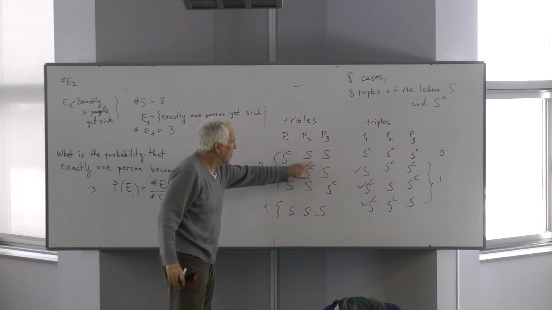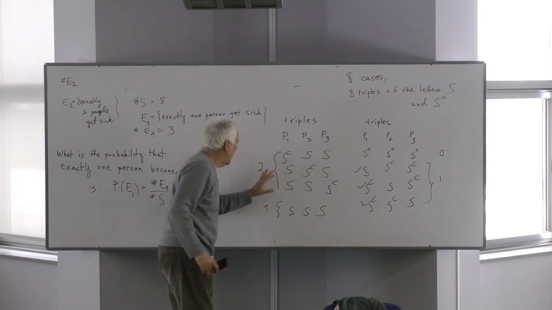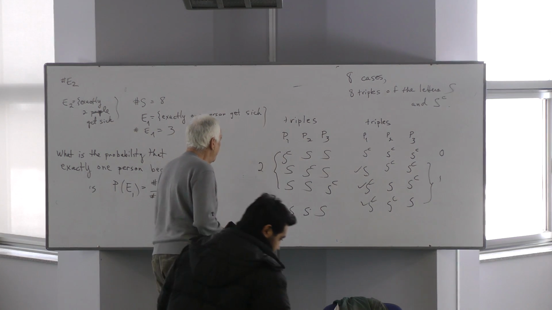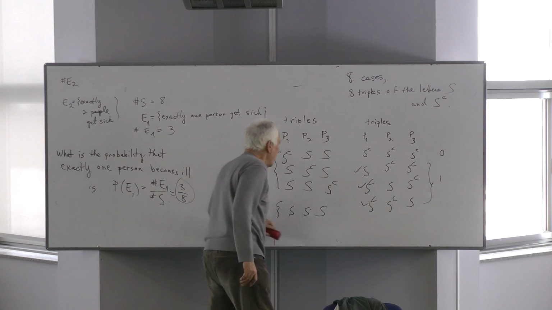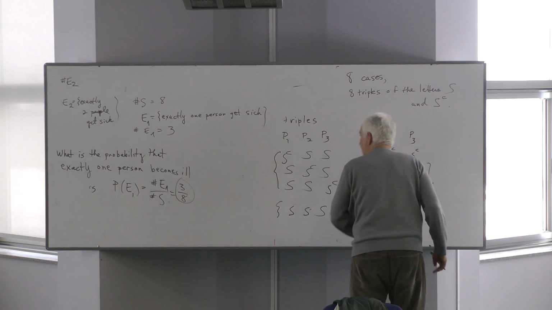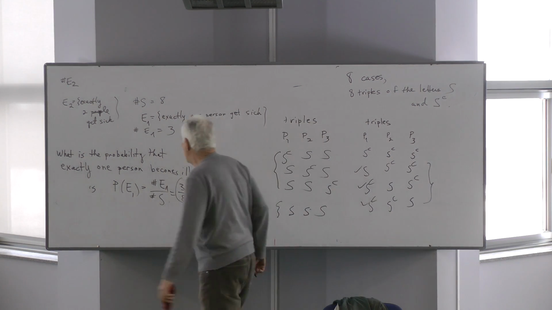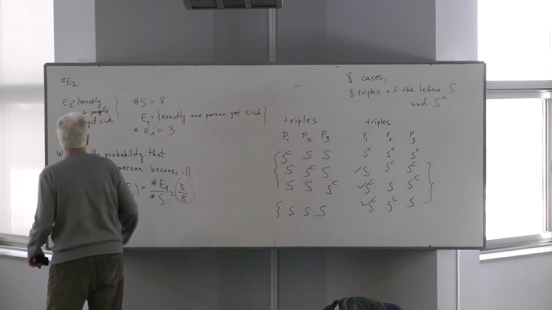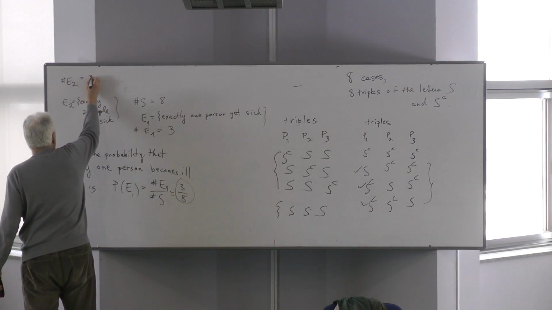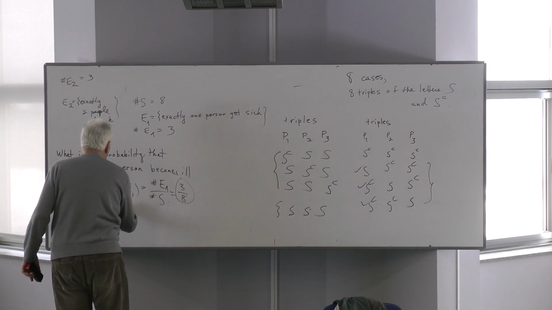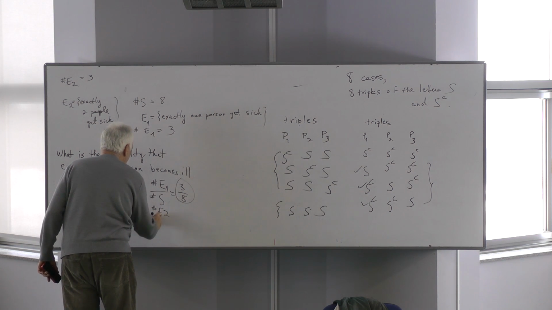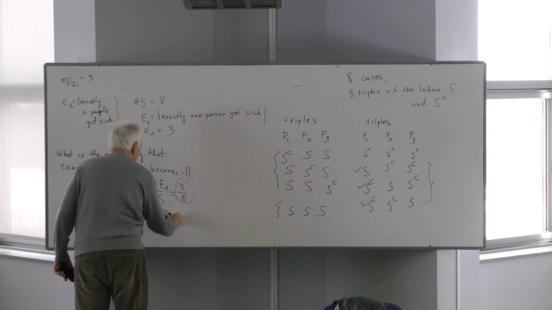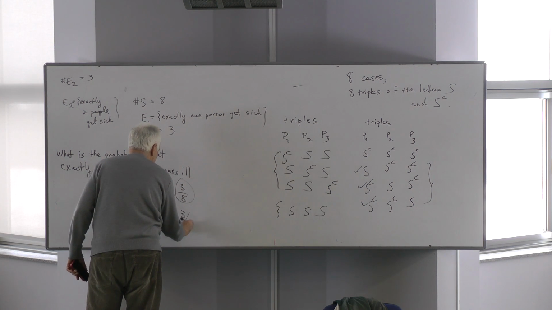That's these cases: double S, double S, double S. These are two people getting sick. How many are there? Three. So this is also 3. So P of E2, two people get sick, is the number of elements in E2 over the number of elements in S, again 3/8.